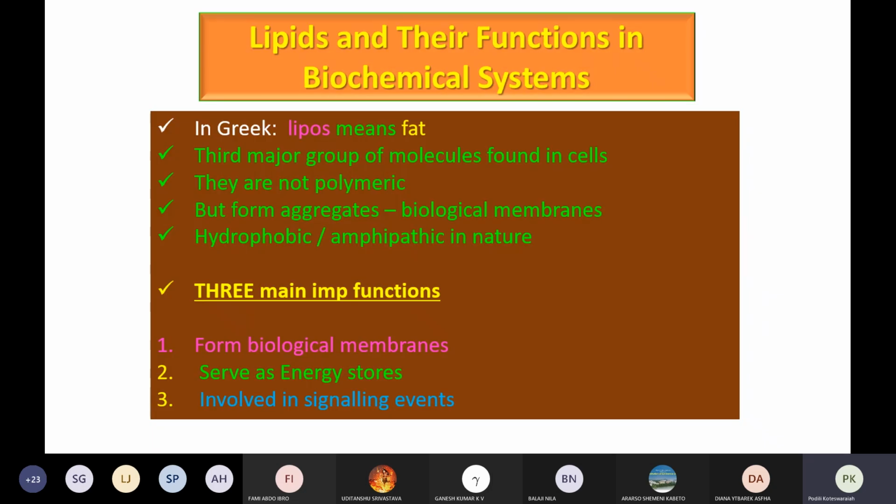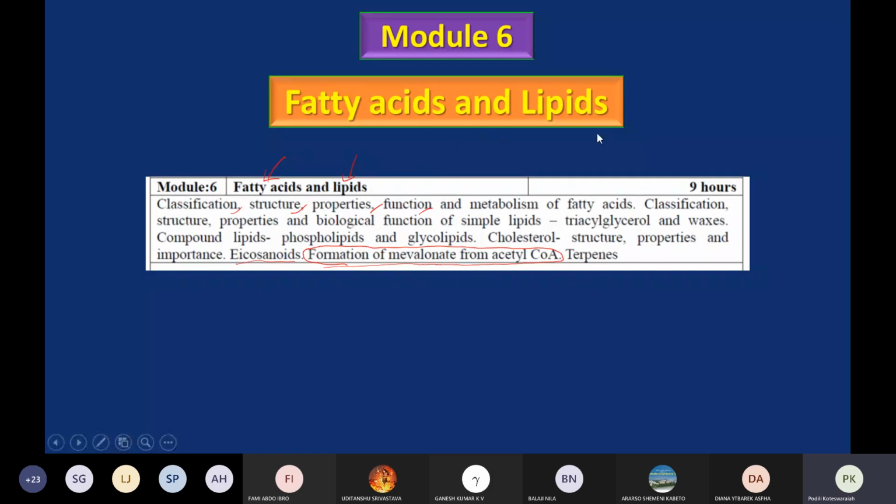And we know that to understand the membrane transport, how the molecules move across the membrane, because biological membranes are lipid bilayers, to know how the molecules go out or come in, we need to understand the structure of the biological membranes, and to understand that, definitely one should have thorough knowledge of the lipids.